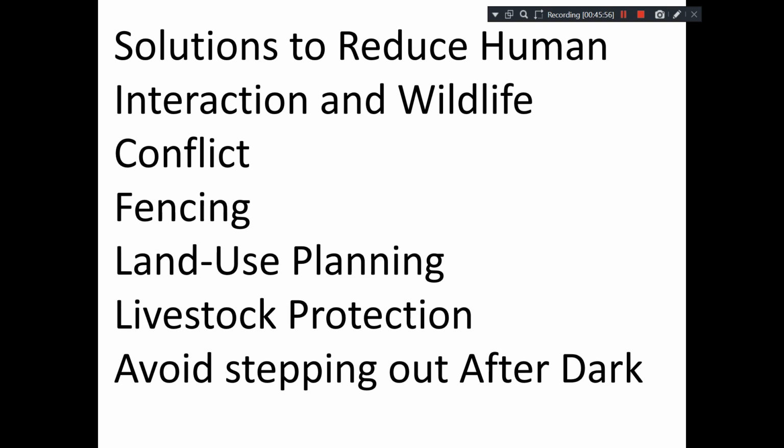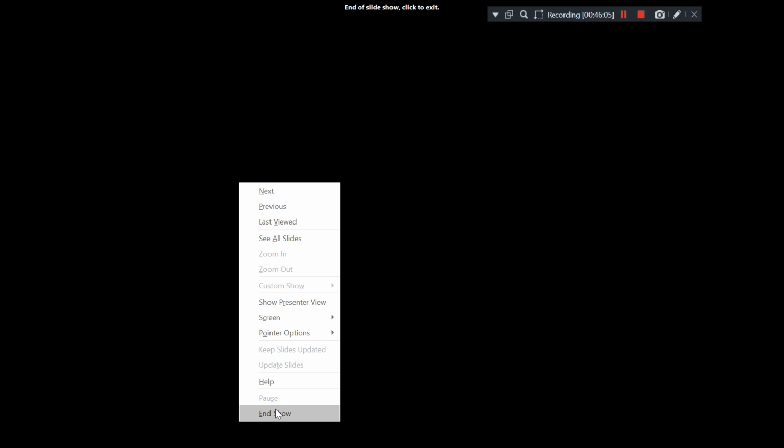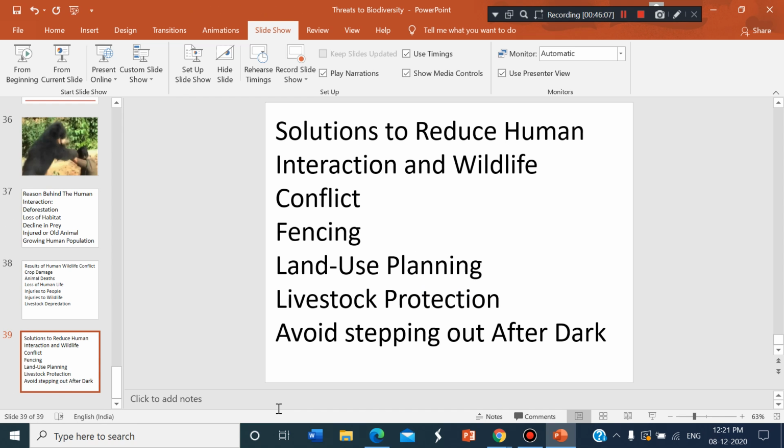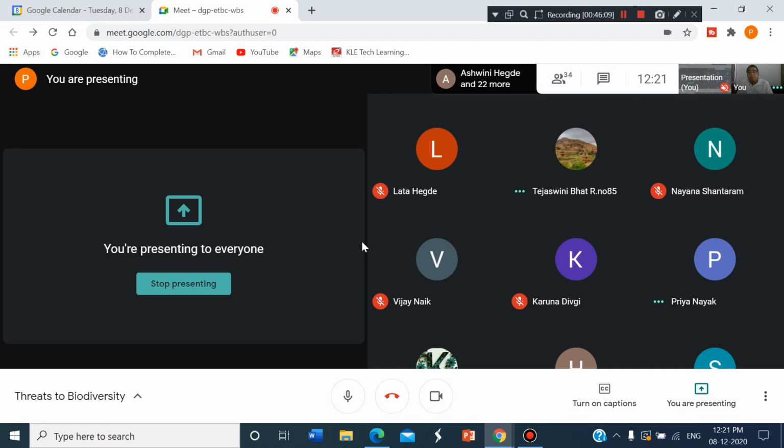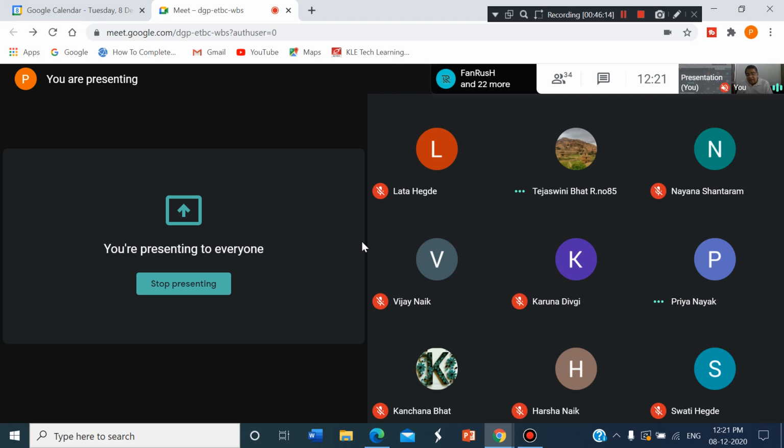You have to provide for your livestock, try to stop encroaching on their area, and grow more food trees in the forest and other places. That's the only solution that I feel.